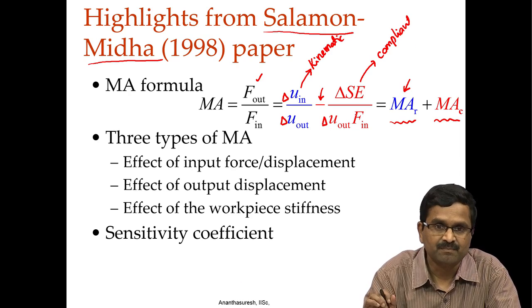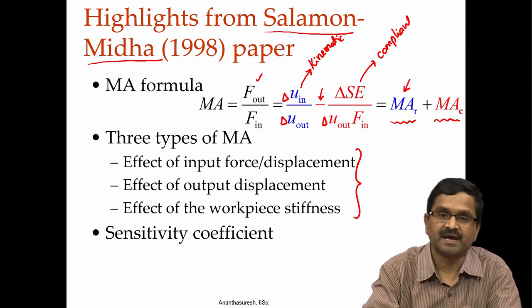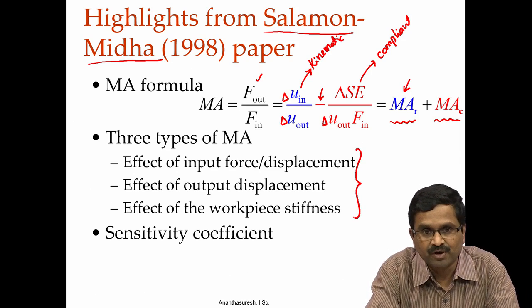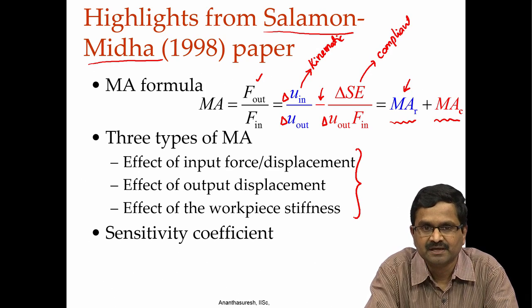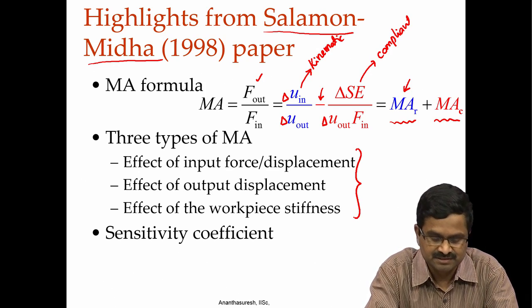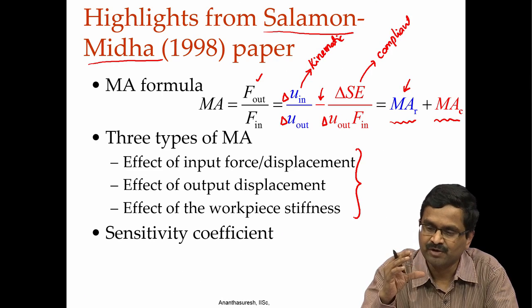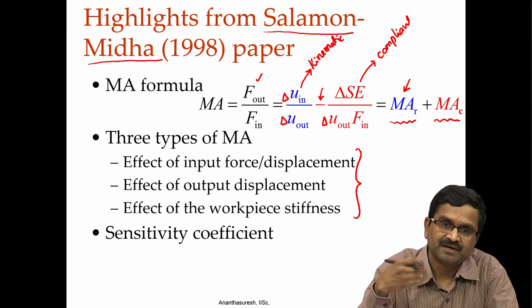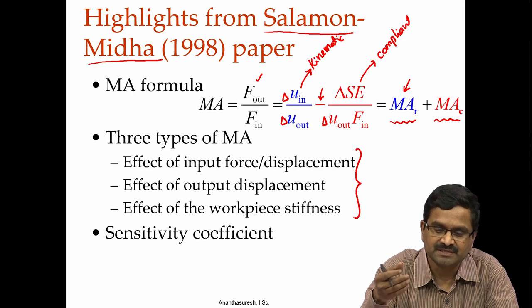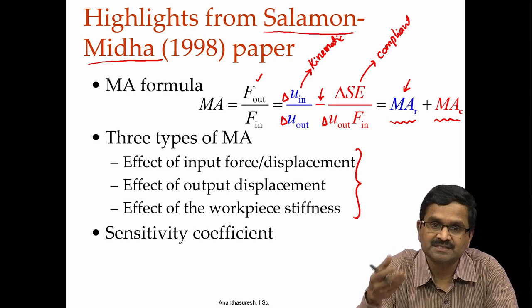So, this is the mechanical advantage formula that we have, and we also discussed that there are three types of mechanical advantage one can define depending on what we are fixing. So, we have the effect of input force and displacement, output force and displacement, and most importantly the workpiece stiffness, because depending on the stiffness of the workpiece, that is the object onto which we are going to apply force, the mechanical advantage actually changes for compliant mechanisms, because their kinematics is affected by the forces, because there is elasticity in them.